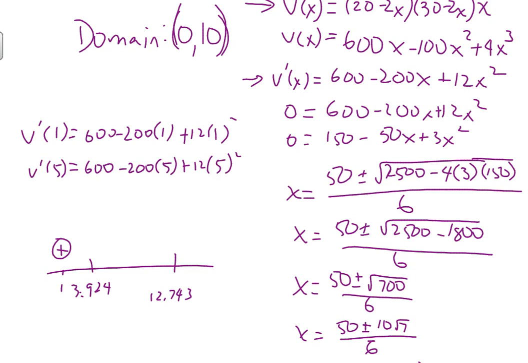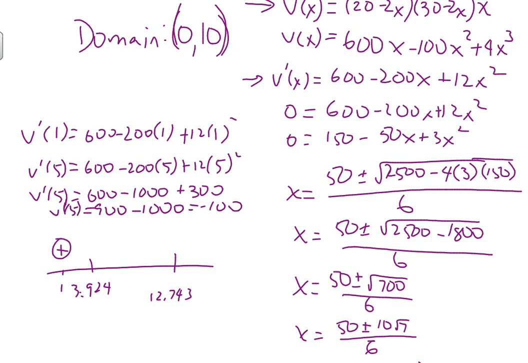So this one's going to be a little bit more math. 600 minus 1,000 plus 25 times 12, which is 300. So I get 900 minus 1,000, which is equal to negative 100. So I know that I get a negative value for my derivative there.